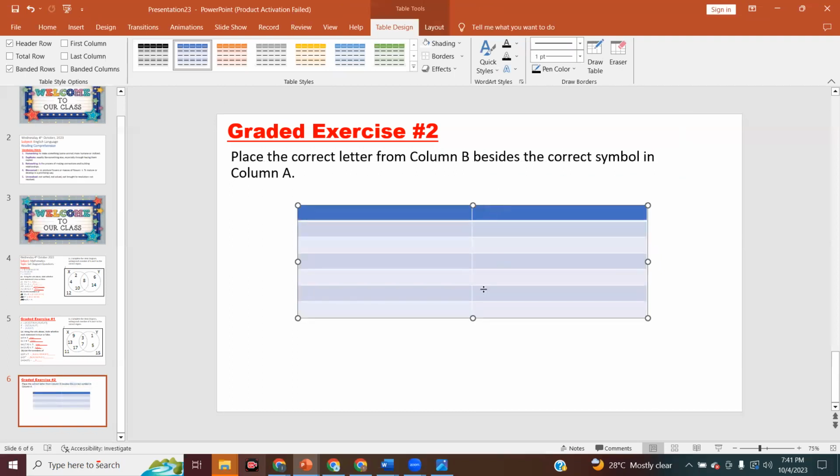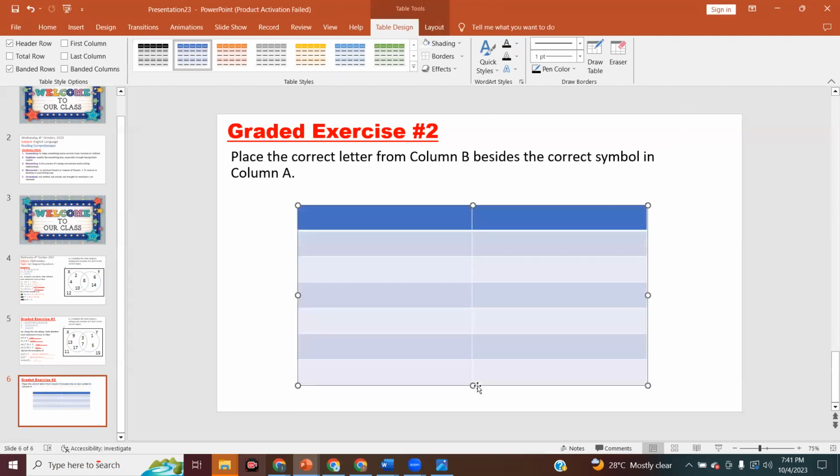On this side, we call the side column A. Let's call that symbol. On this side, we call this column B. And let's call that the meaning.